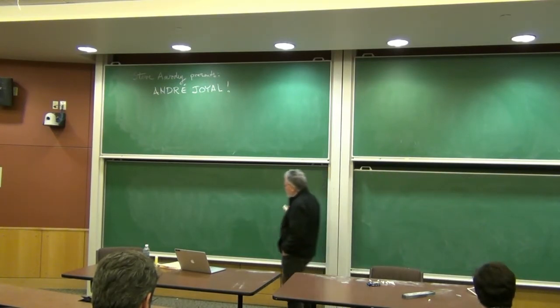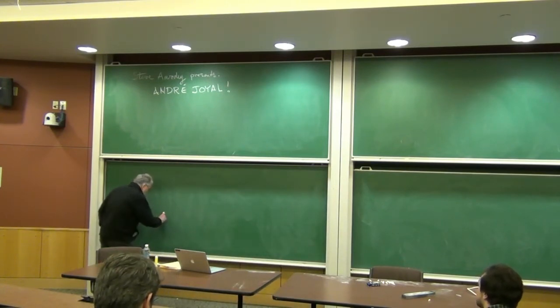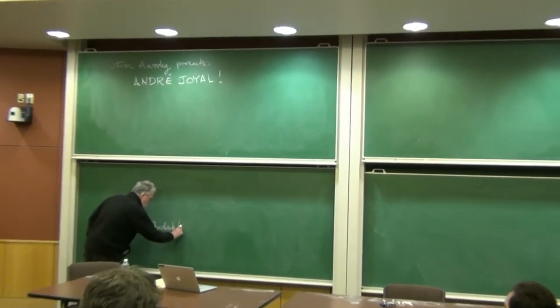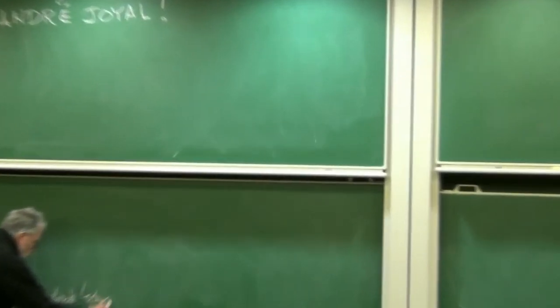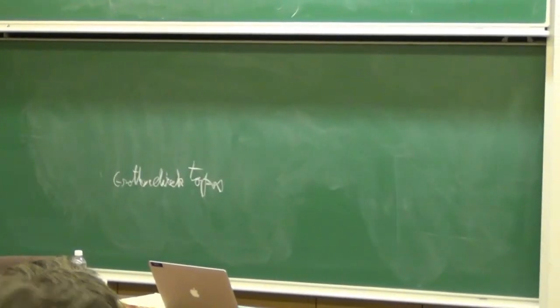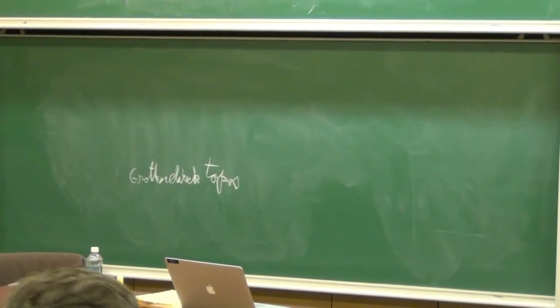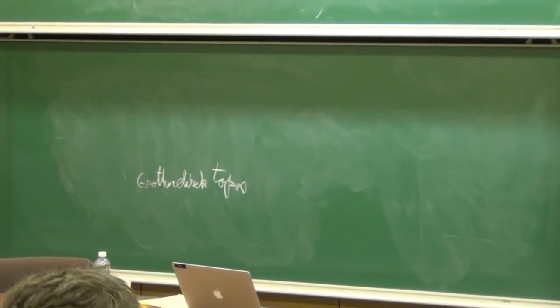The three mutations. At the origin you have Grothendieck toposes. You have the notion of Grothendieck topos introduced by Grothendieck in the late 50s, maybe 58 or 57.